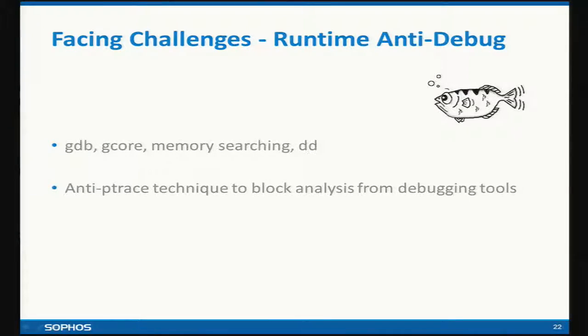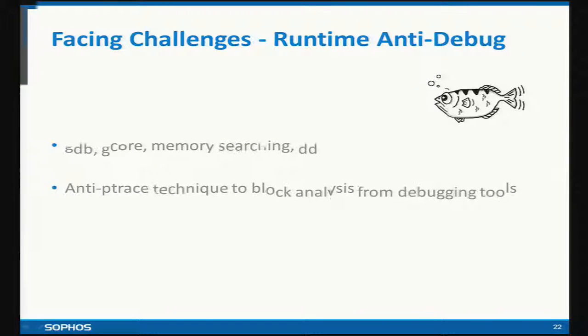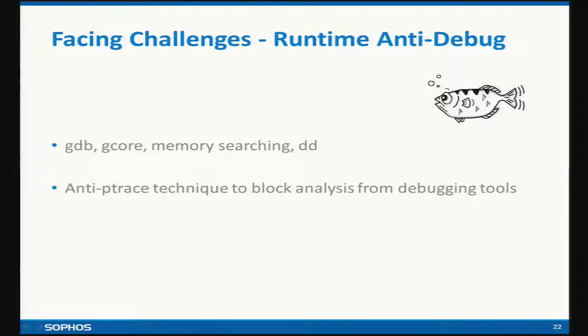Challenge 3: as we know, Android packers present 2 runtime anti-debugger techniques. iJami is able to modify the Dex header to stop memory searching, while Banco uses anti-ptrace technology by creating interacting processes. This has serious consequences for existing debugging tools, such as GDB, gcore, memory searching, even for the Volatility project.